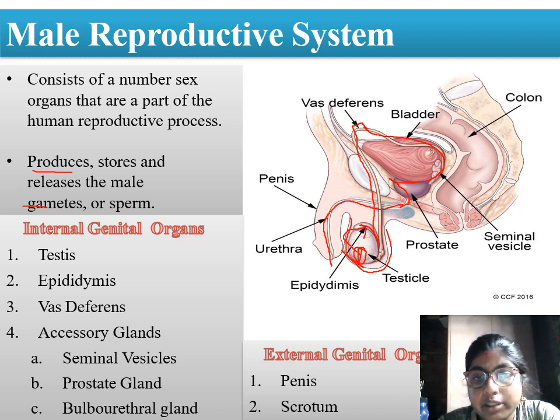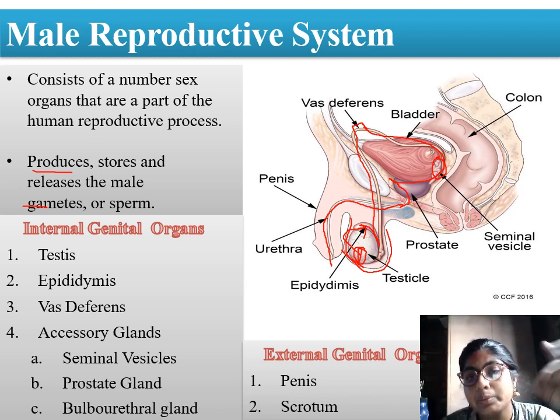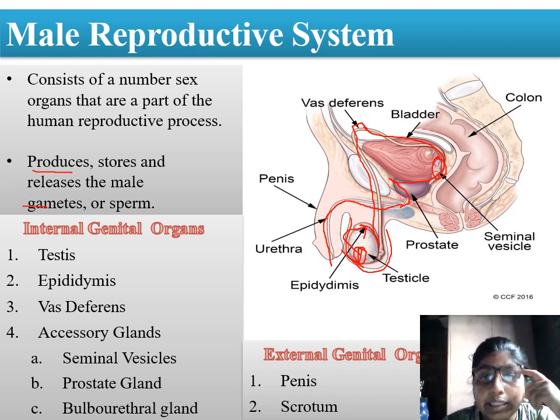In the seminal vesicle, 60% of semen is produced, which is alkaline in nature, and the prostate also secretes alkaline fluid, which helps the sperm survive in the female genital tract. And in the bulbourethral gland, the pre-ejaculation fluid is secreted.